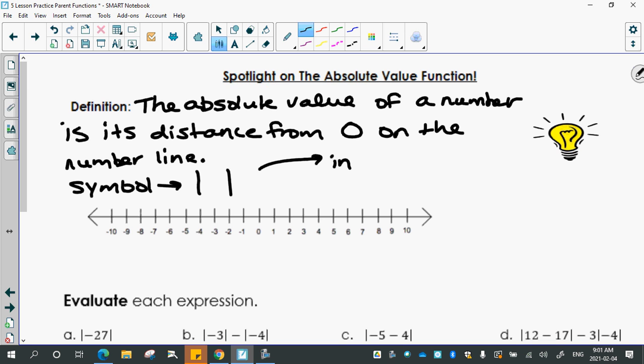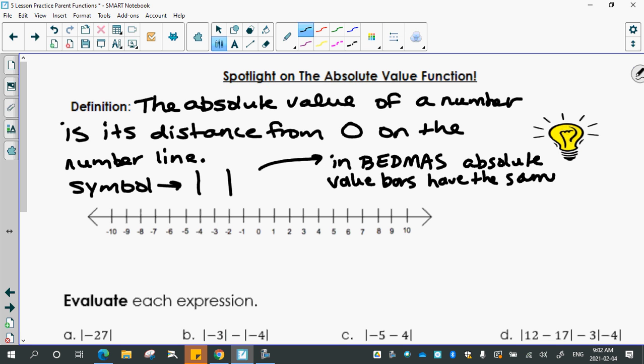And in BEDMAS, absolute value bars have the same weight, or in the hierarchy, they're the same weight as brackets. Okay, so brackets, you do brackets first. And so you do absolute value where you would multiply, then do an exponent, etc.